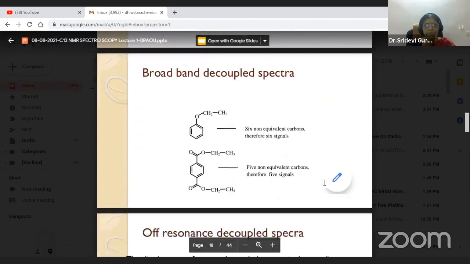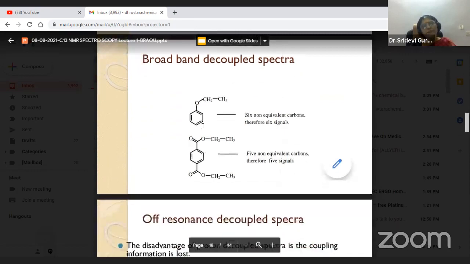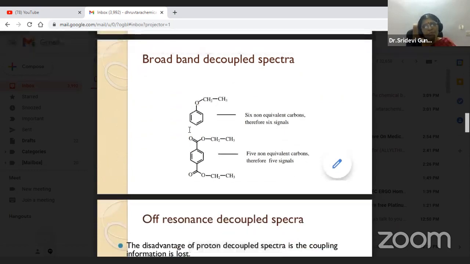Some more examples. Here, ethoxybenzene. All benzene carbons are not equivalent. Here you see, this is 1 non-equivalent carbon, the CH3 carbon. This is another non-equivalent carbon, the CH2 carbon. And in the benzene ring, see, this is another, the ipso carbon, which is attached to oxygen.